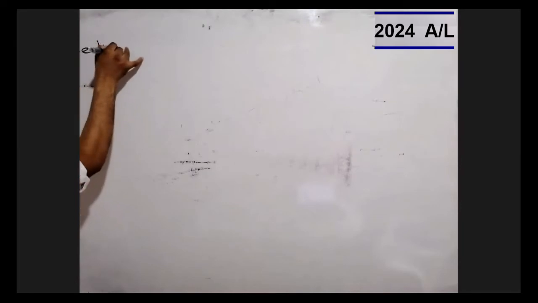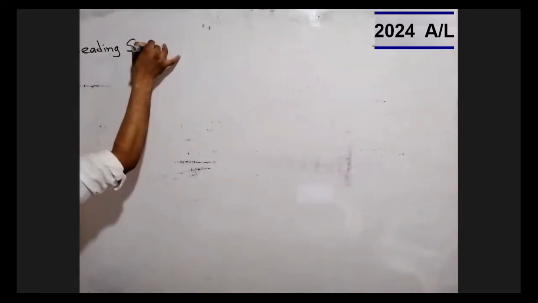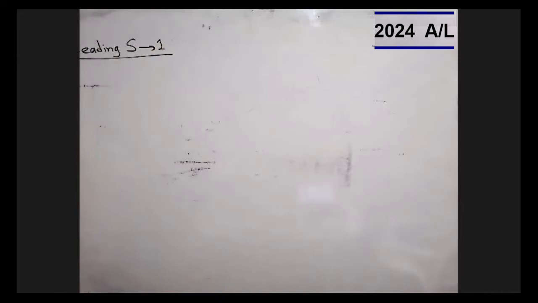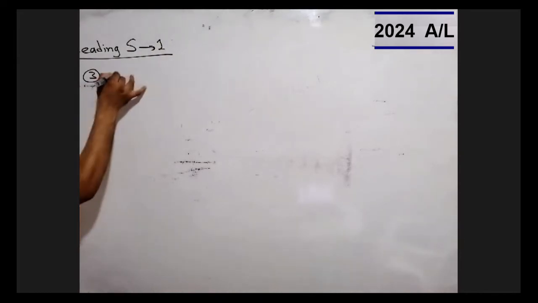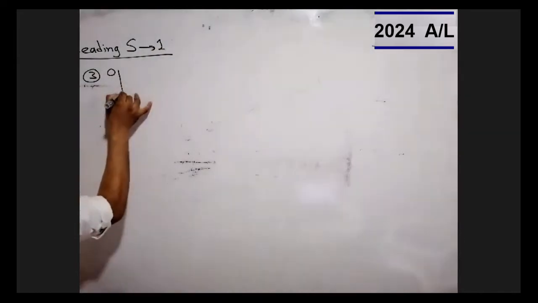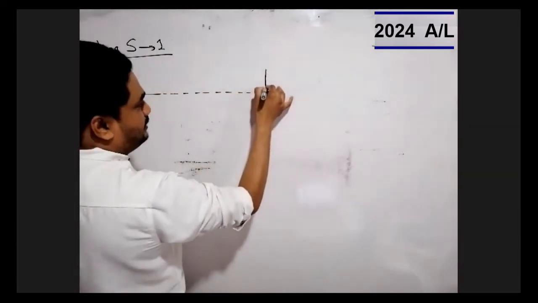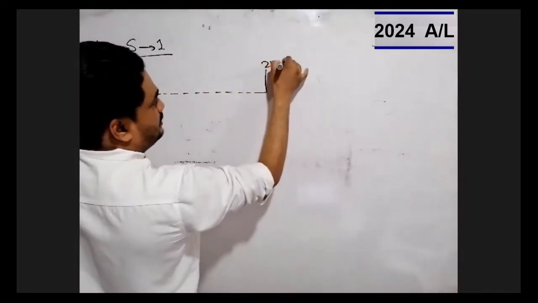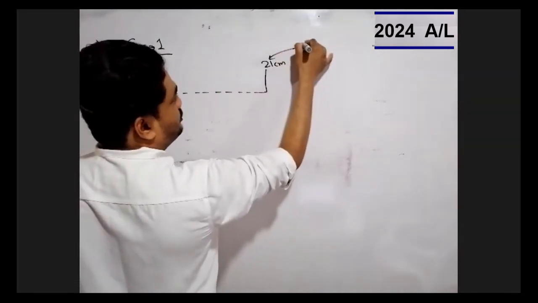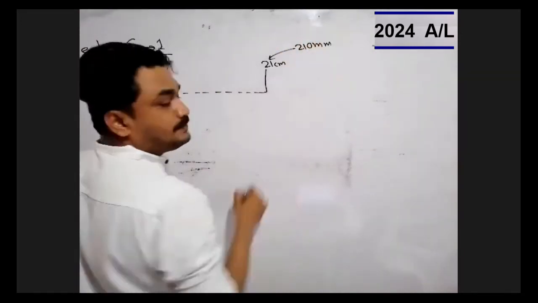Right. So we are going to find the answer for reading sheet number 1, question number 3. If you start from the main scale 0 line and go to the right hand side, we will find this 21 centimeter line. 21 centimeter means 210 millimeter.